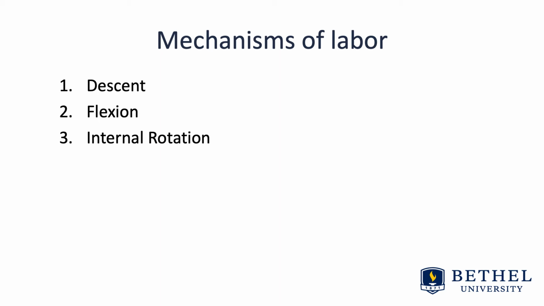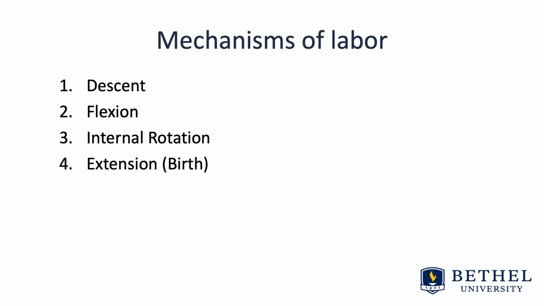And then at the level of the ischial spines, internal rotation causes that head, in order to navigate the pelvis better, in order to have a better fit, that's the tightest spot. At that point, their head is going to rotate to have the back of their head be towards the pubic symphysis of mom. So at the inlet, it's a little bit easier to navigate transverse, and at the ischial spines in the mid-pelvis, it's a little bit easier to navigate in the AP diameter.